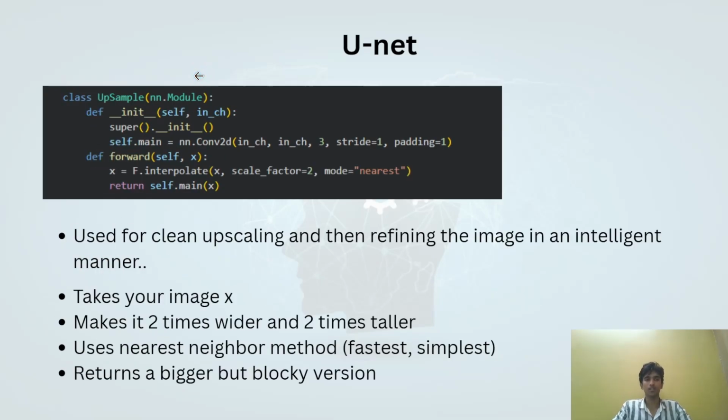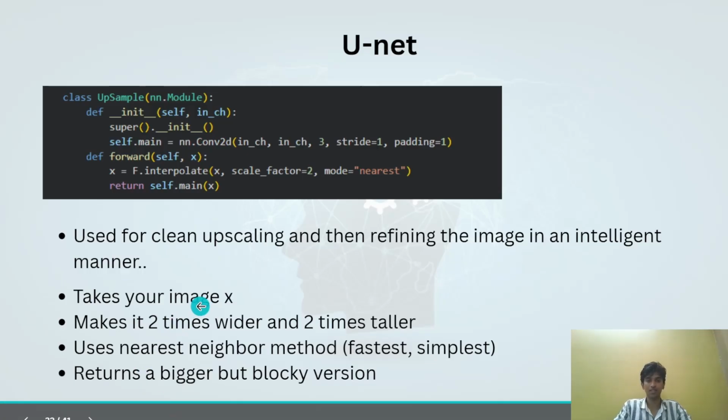Then we have to look at the upsampling. This is used for clean upscaling, and then we refine the image in an intelligent manner, as I have written. We try to obtain the image back from its features without the pixels. We try to reconstruct the pixels. That's what upsampling does.